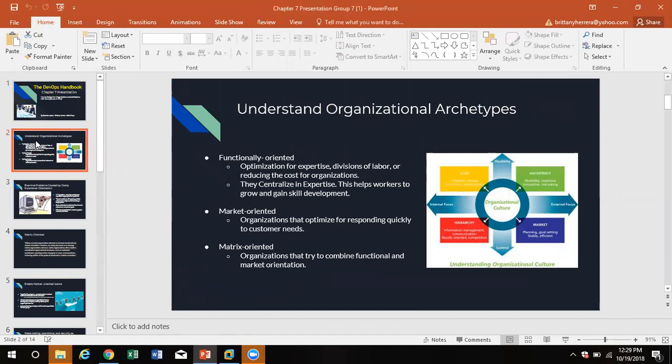Functionally oriented is more by expertise, and market oriented teams are optimizing for responding very quickly to customer needs, and matrix oriented teams try to combine functional and market orientation.